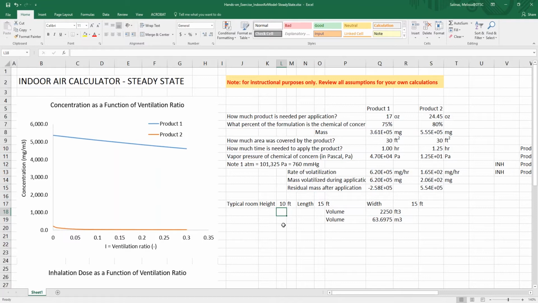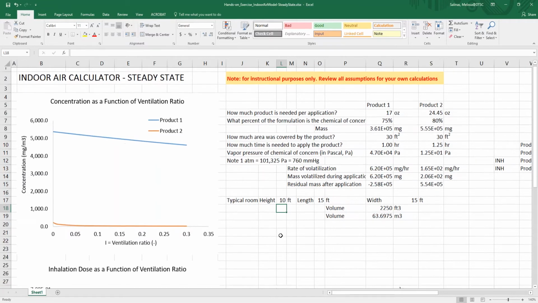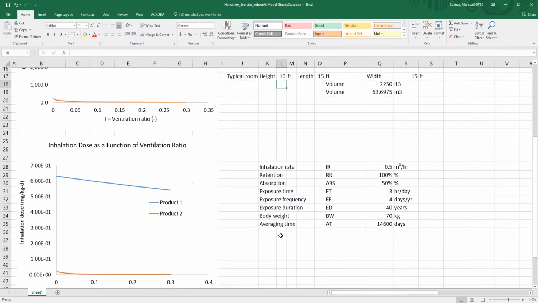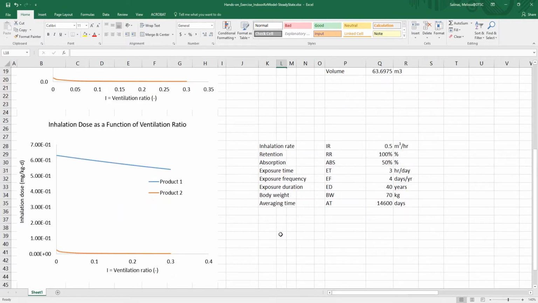So then we take that information and convert it with the equations that I showed yesterday into an inhalation dose as a function of ventilation ratio. If you scroll down just a little bit, we can see what the dose would be in milligrams per kilogram per day using the spreadsheet. Just in the interest of time, is it clear what we've done here?